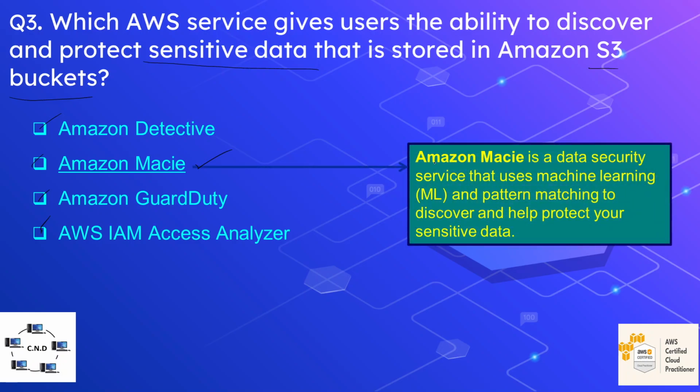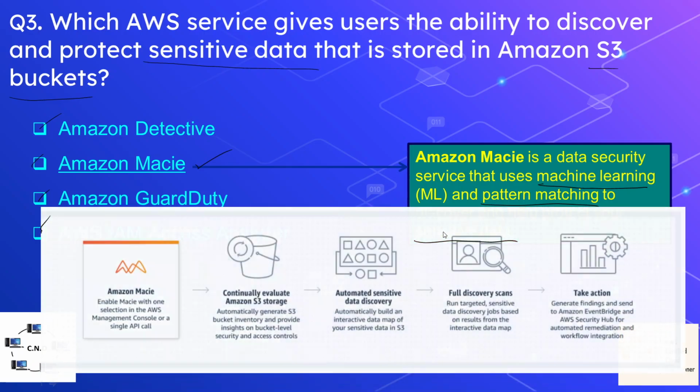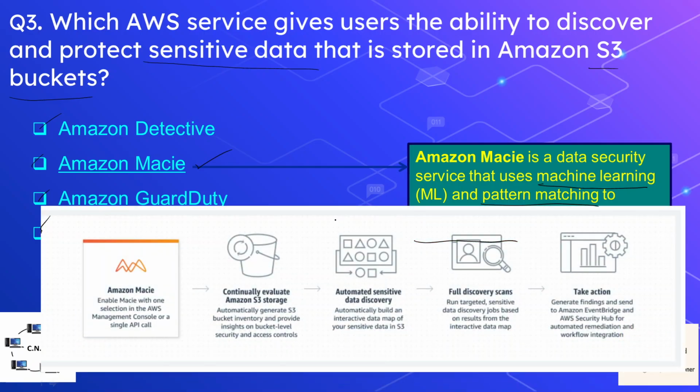And what is Amazon Macie? Amazon Macie is a data security service that uses machine learning and pattern matching to discover and help protect your sensitive data. Here is the visual of the working mechanism of this Macie service.